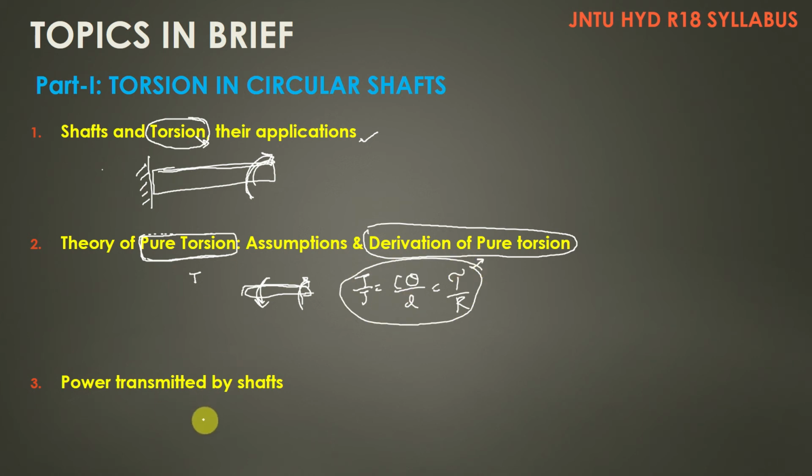Okay, power transmitted by the shafts. How much power is transmitted by the shafts? We have to consider P is equal to 2 pi N T by 60. This expression will give you all the numerical values. Apart from the concept of torsion, as engineers, we have to mention how much torsion is produced, how much power is transmitted, and how much the diameter should be for transmitting a particular torque.